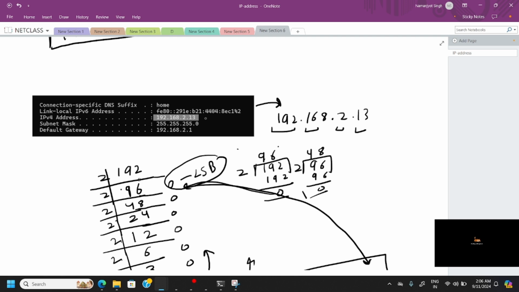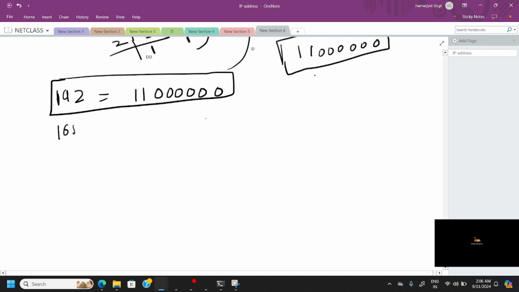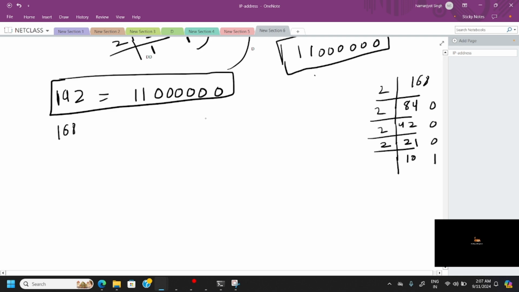Let's do the rough work here. 168, 2 8s are 16, remainder 0. 2 4s are 8, remainder 0. 2 2s are 4, remainder 0. 2 2s are 4, 2 1s are 2, again the remainder is 0. 2 10s are 20, the remainder is 1. 2 5s are 10, remainder is 0. 2 2s are 4, remainder is 1. 2 1s are 2, and remainder is 0.